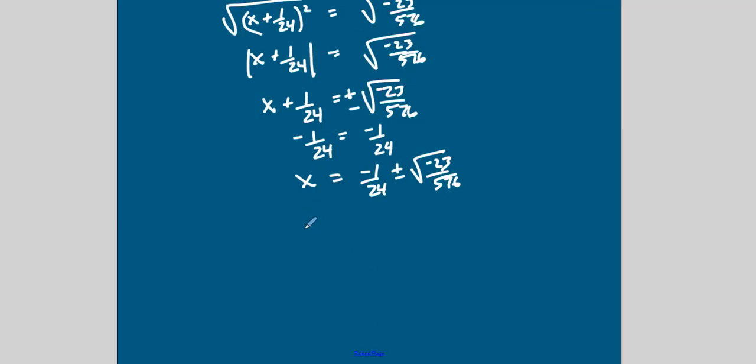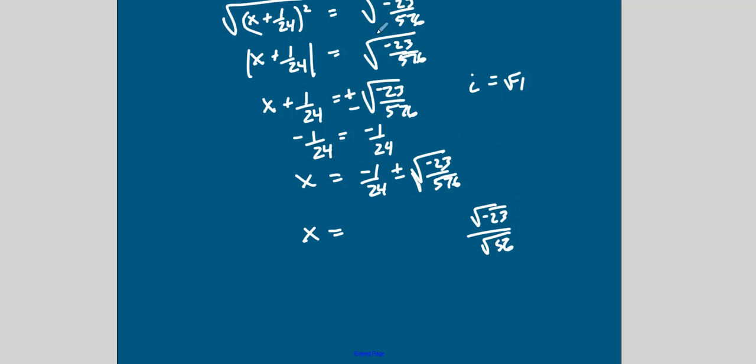Now here's what I'm going to do. Remember, I defined i to equal the square root of negative 1. So the square root of negative 23 over 576 can be written as the square root of negative 23 over the square root of 576.